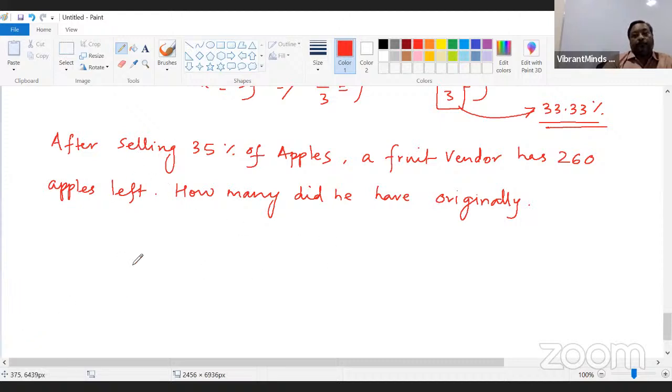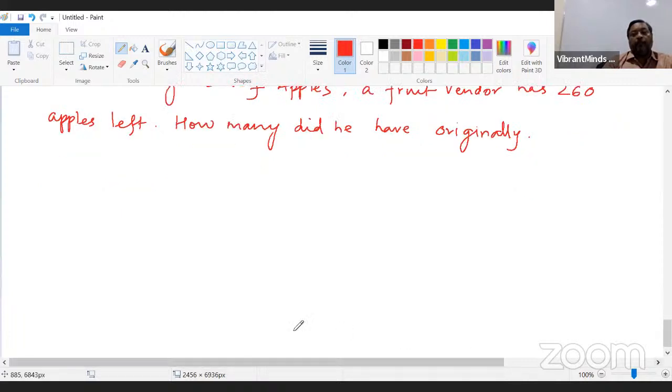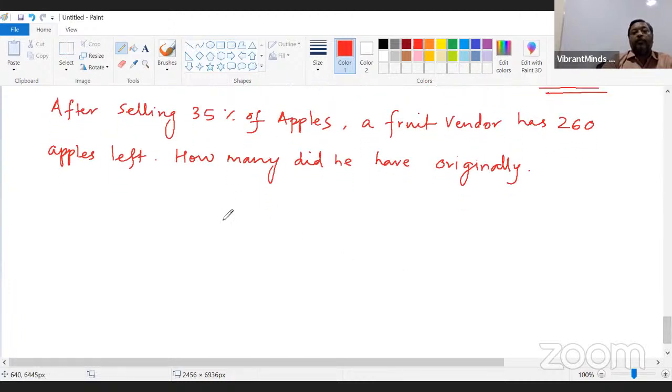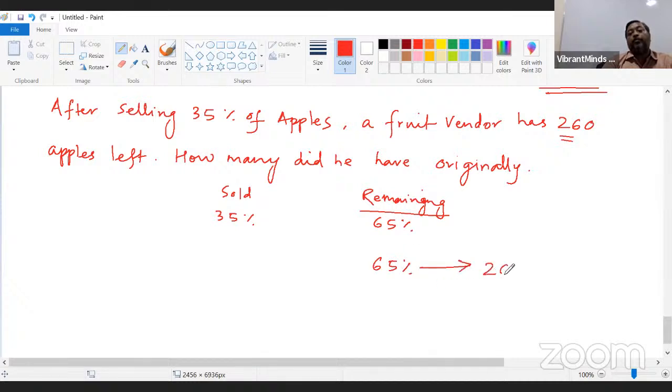Now see, he sold 35%. That means, can I say remaining will be 65%, isn't it? So when remaining is 260, can I say 65%, the value is 260?